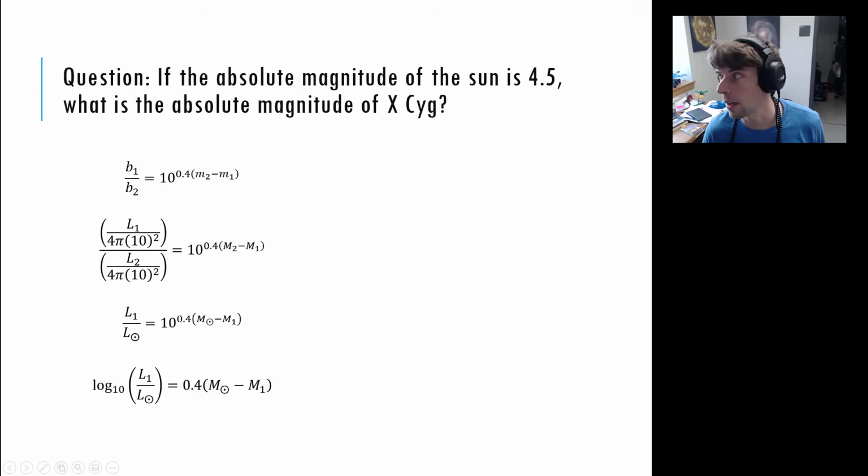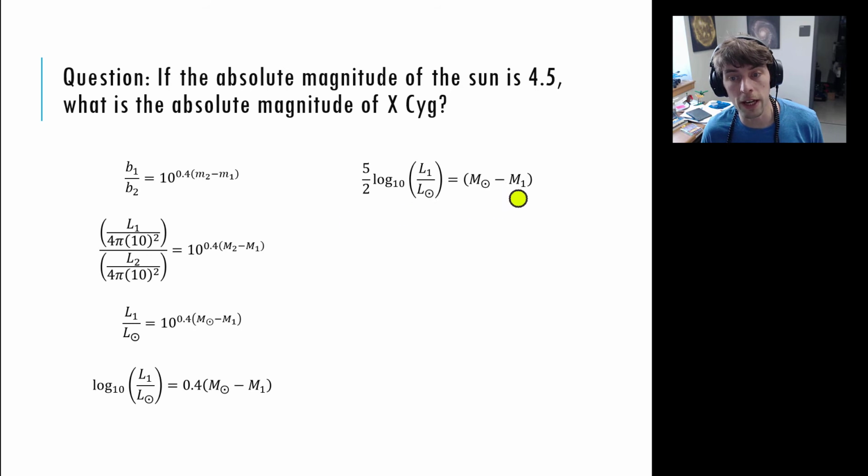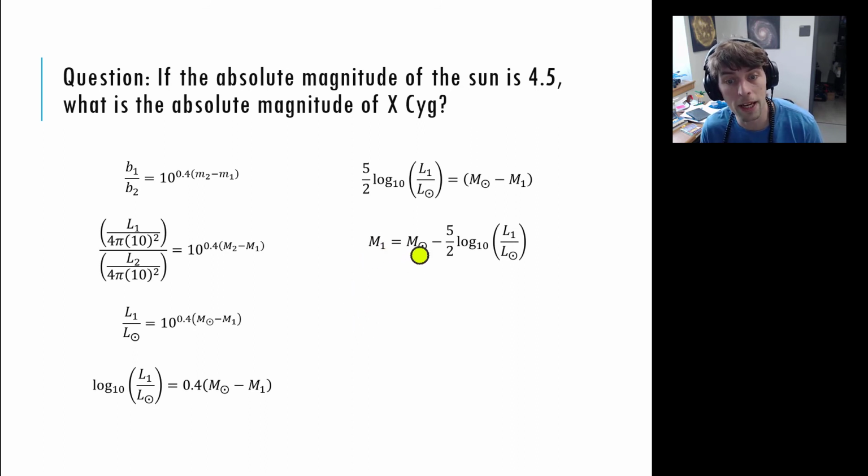We'll move that to the other side. Also, let's move the M1 to the right-hand side and move this right-hand side to the left-hand side. So at the end of the day, we have this expression: the magnitude of X Cyg is the magnitude of the sun minus 5 halves the log of the luminosity of X Cyg divided by the luminosity of the sun.